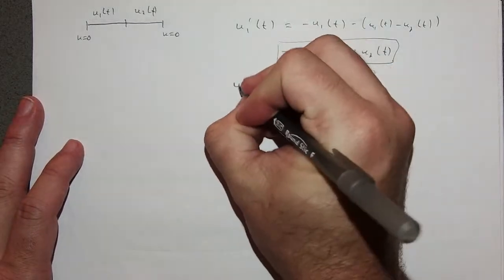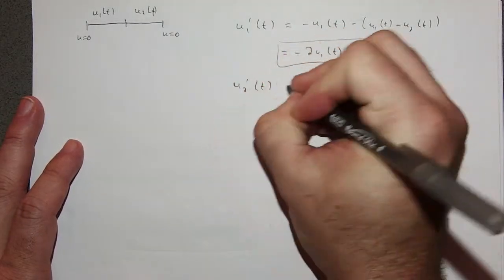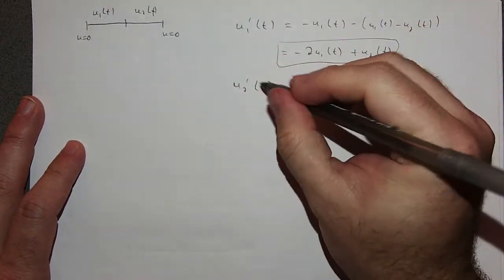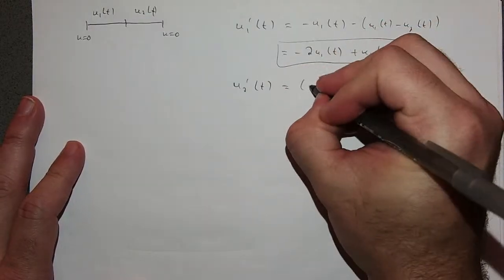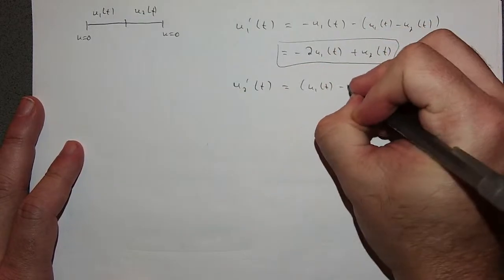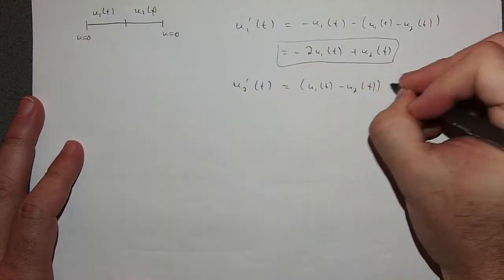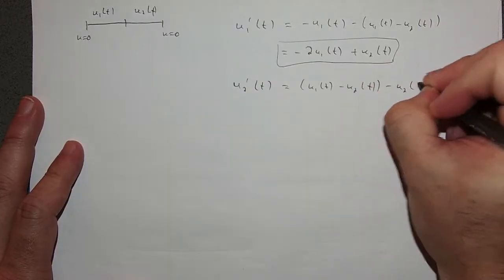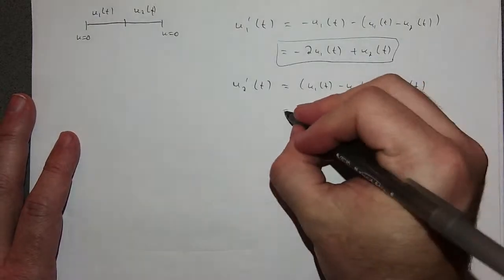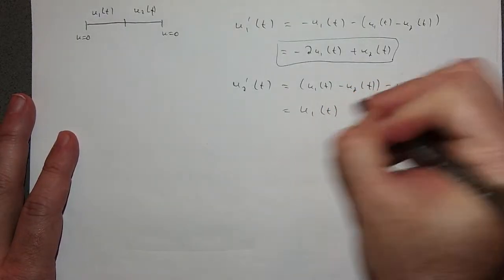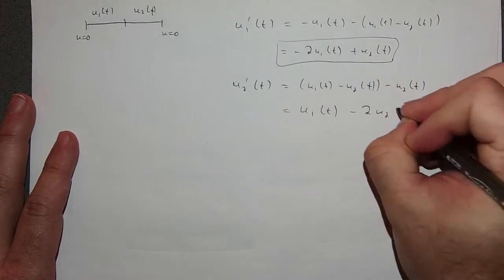I get another differential equation, U2 prime is U1 of t minus U2 of t minus U2 of t, so this is going to be U1 of t minus 2 U2 of t.